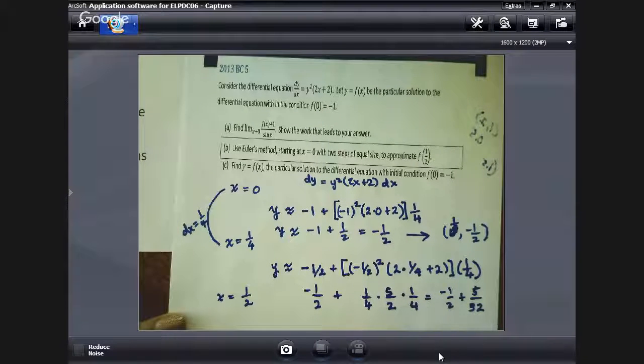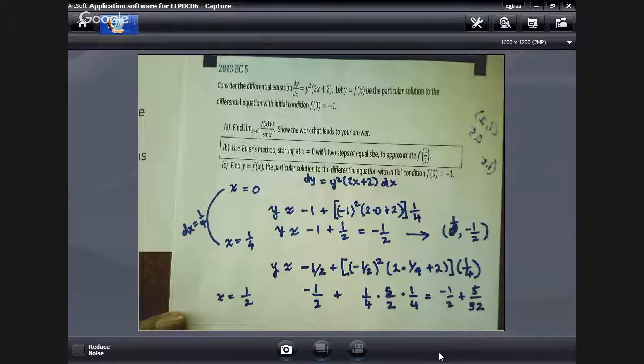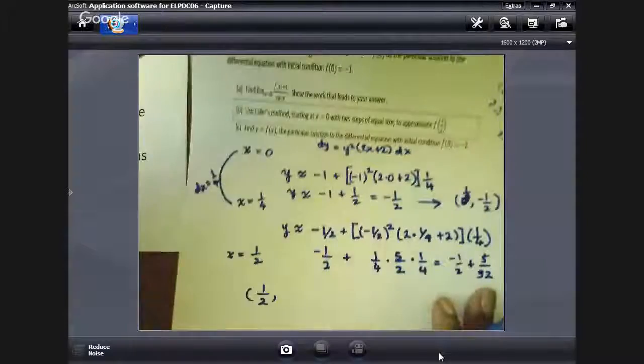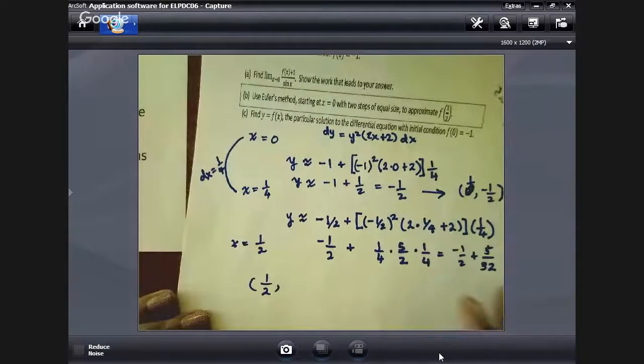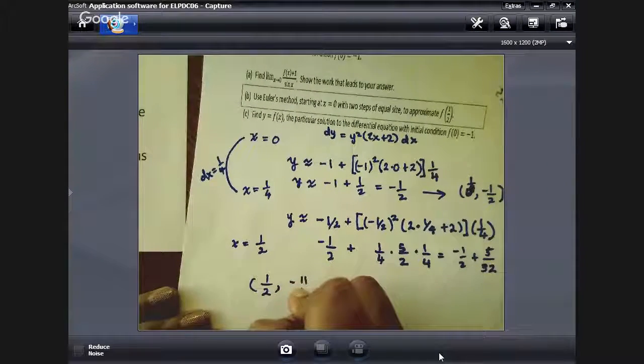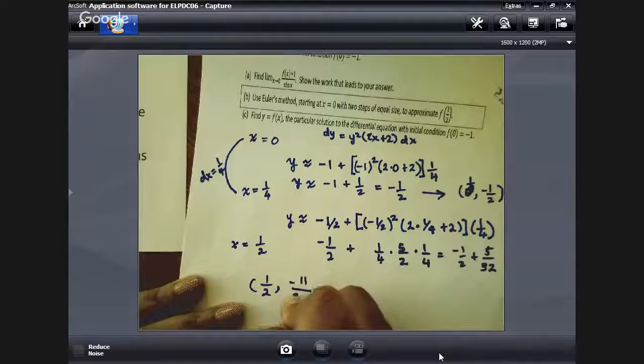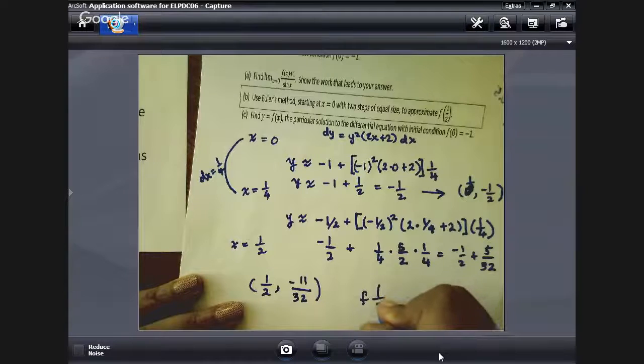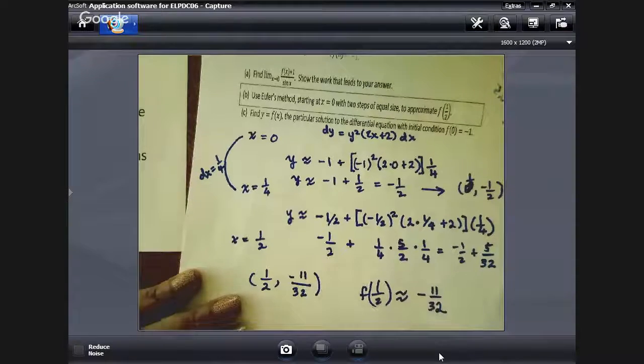So my final point would be (1/2, ...), changing negative 1/2 to have a denominator 32, multiply top and bottom by 16, negative 11 over 32. Right? So that means that f of 1/2 is approximately negative 11 over 32.